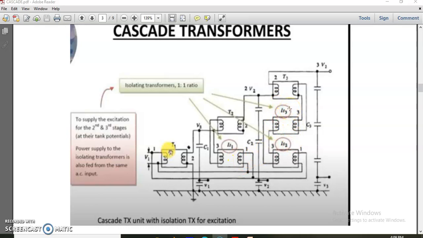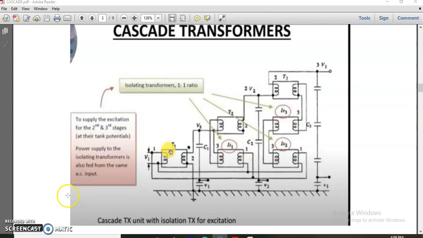These 3 excitation transformers can be isolating transformers of 1:1 ratio, and the power supply given to the transformers is fed from the same AC input, and the output will be 3V. This is another form, but what I discussed previously is what you have to do from the exam point of view. So this is all about the cascade transformer.